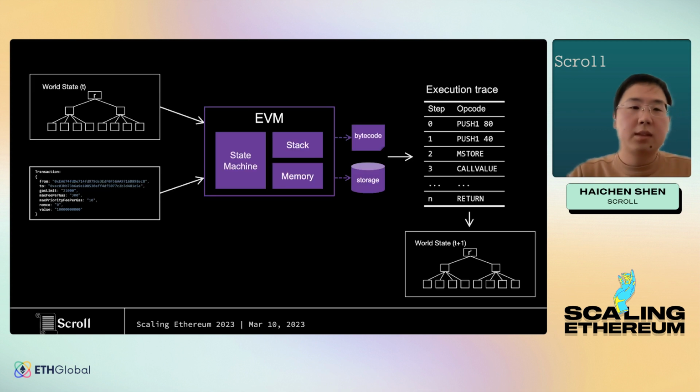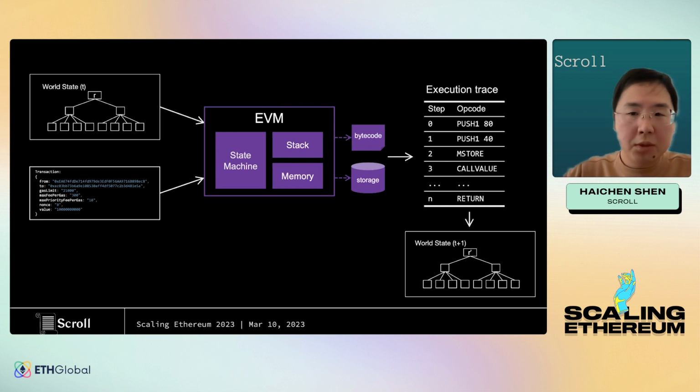Let's take one further step into looking at what happens when you're executing the smart contract. After you give these two inputs, the world state and the transaction, to the Ethereum virtual machine, it executes opcode by opcode written inside the smart contract, and you end up with an execution trace with different steps.